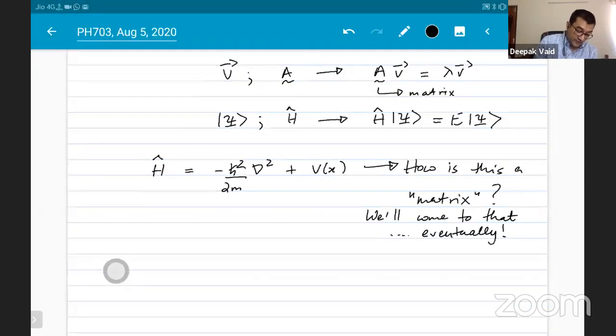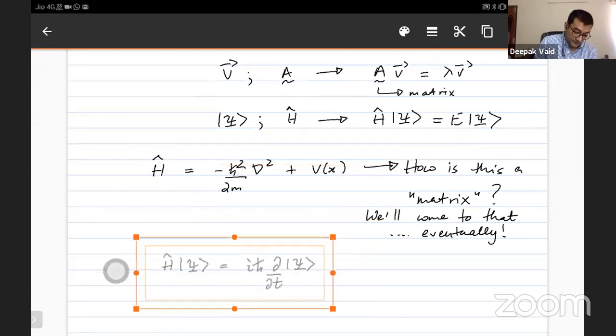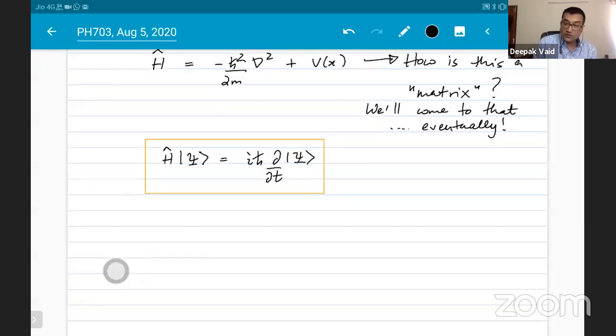What is the physics it describes? So we have learned how to describe a quantum system, the state of a quantum system, but we have not yet talked about how the quantum system evolves over time. How does the state of the system change over time?